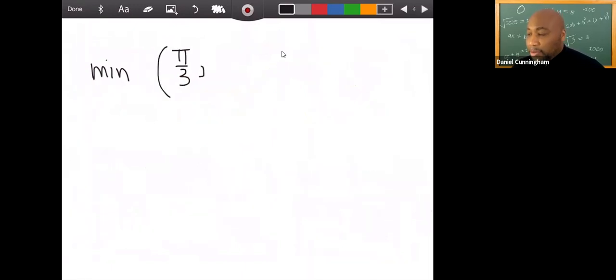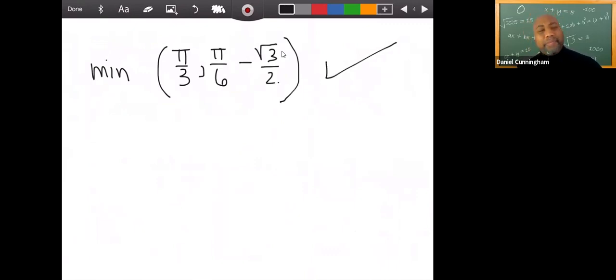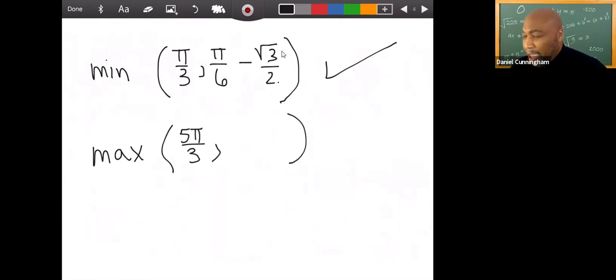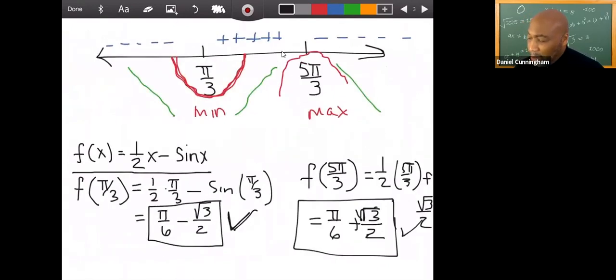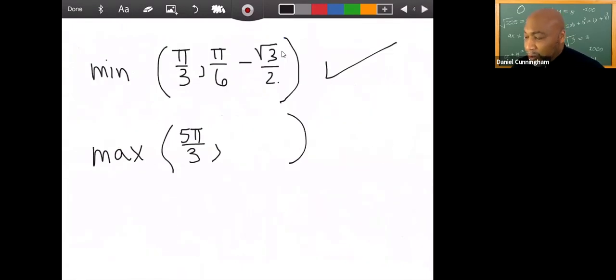You can write it as a decimal, but this is more precise. This is an accurate answer. Pi over 6 minus the square root of 3 over 2. That's our minimum. And then it's possibly a local max we're looking here, would be 5 pi over 3 is our x value. And then the value that we found before, looking back here, will be right here. That's the y value, pi over 6 plus the square root of 3 over 2.